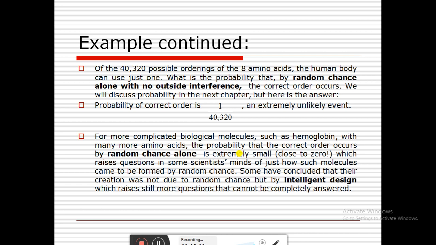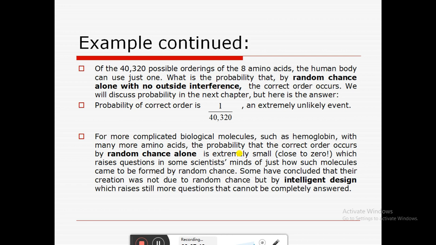For more complicated biological molecules such as hemoglobin, with many more amino acids, the probability that the correct order occurs by random chance alone is extremely small. This raises the question in some scientists' minds of just how such a molecule can be formed by random choice.